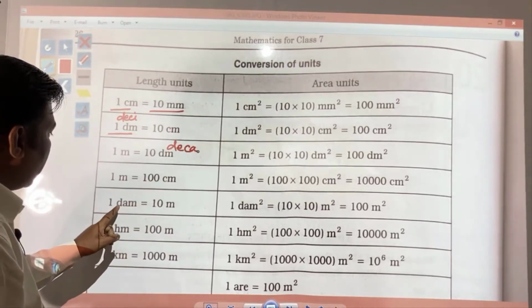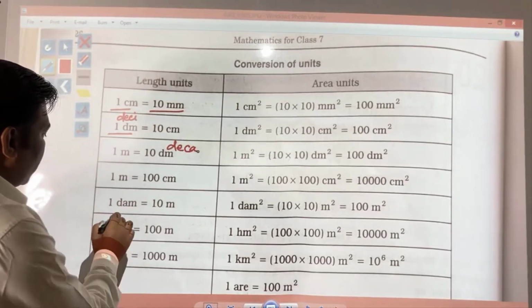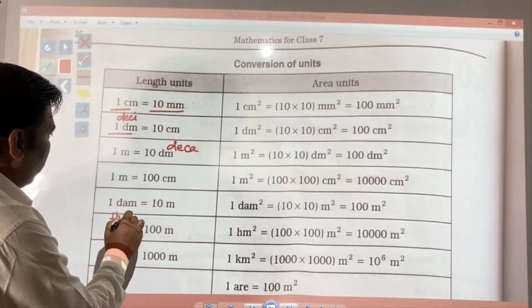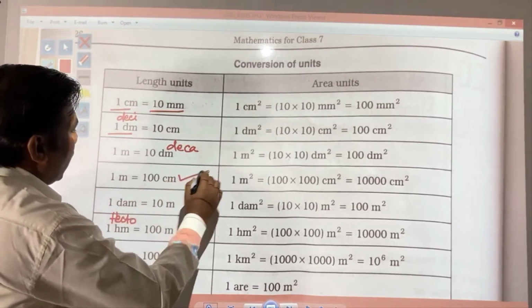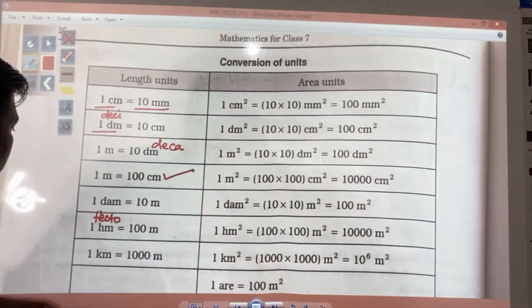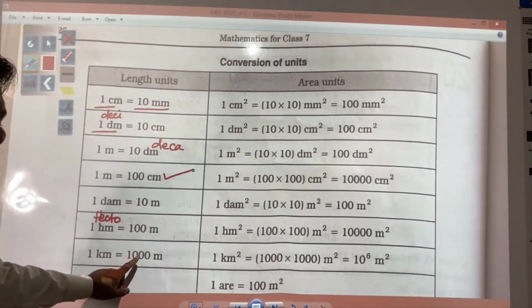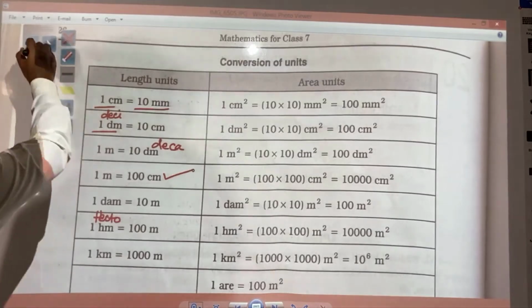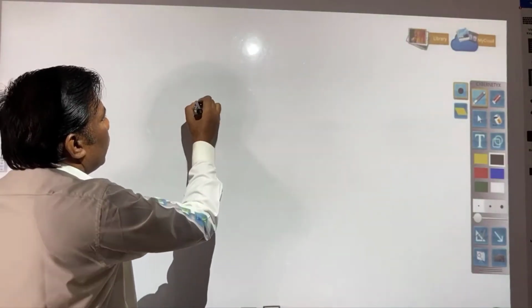1 decameter is equal to 10 meter. 1 hectometer, this is what? Hecto. This you need to remember. 1 hectometer is equal to 100 meter. 1 kilometer is equal to 1000 meter. So in very short I am telling you how it is to be remembered.